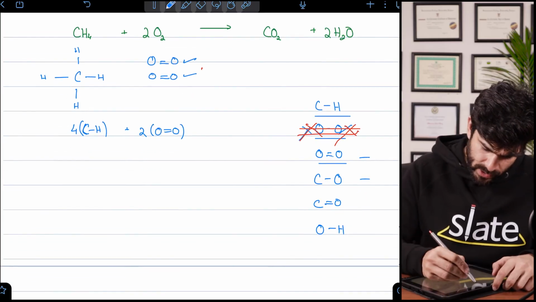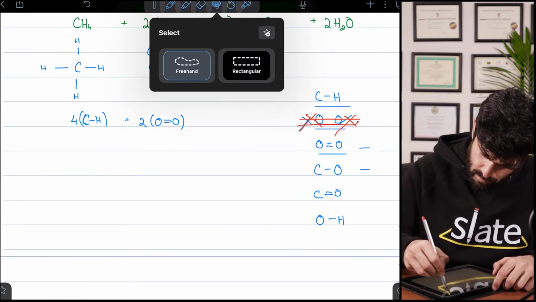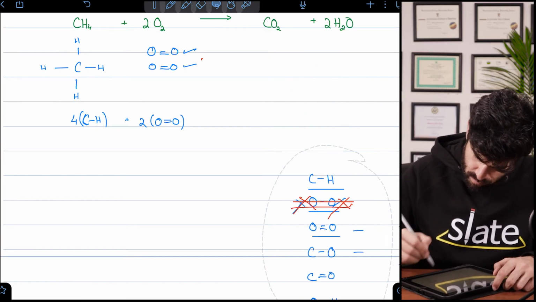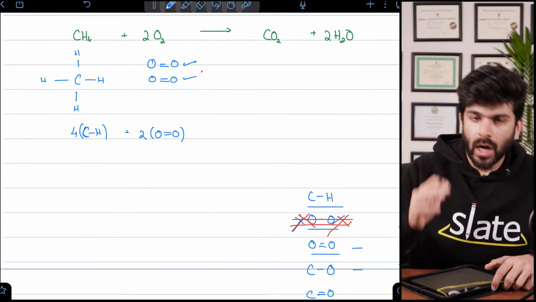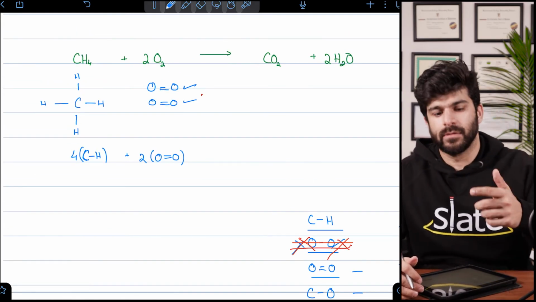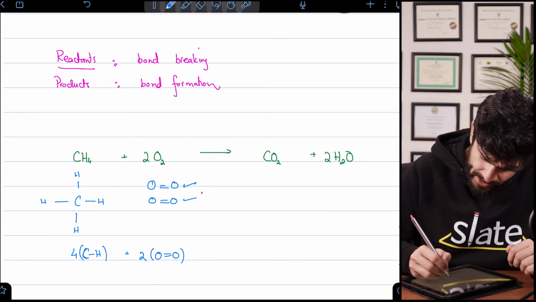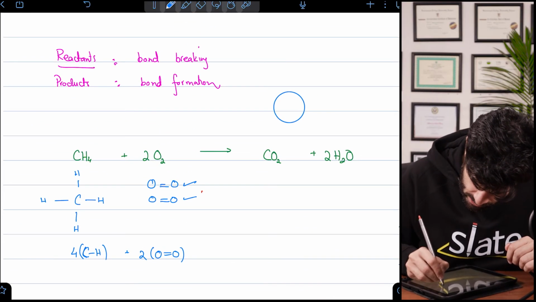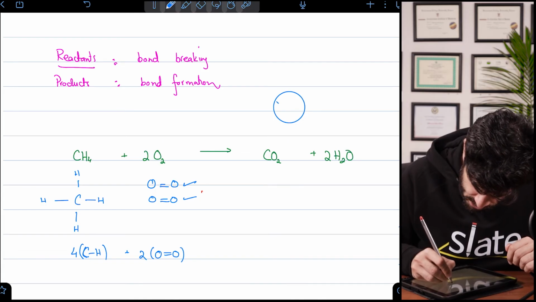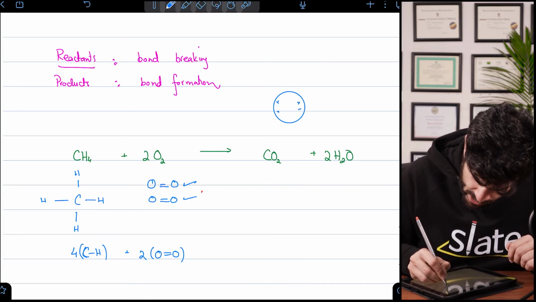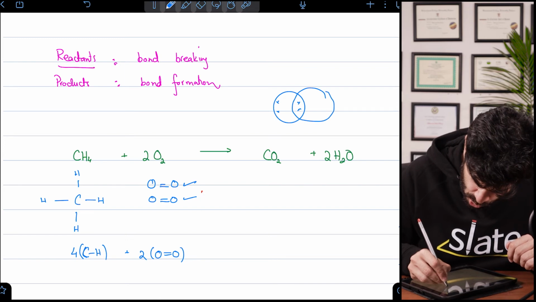Now let's look at this one. Carbon dioxide. Again, the knowledge of chemical bonding. Let me recall. That's carbon, 1, 2, 3, 4. And oxygen has a valency of 2.